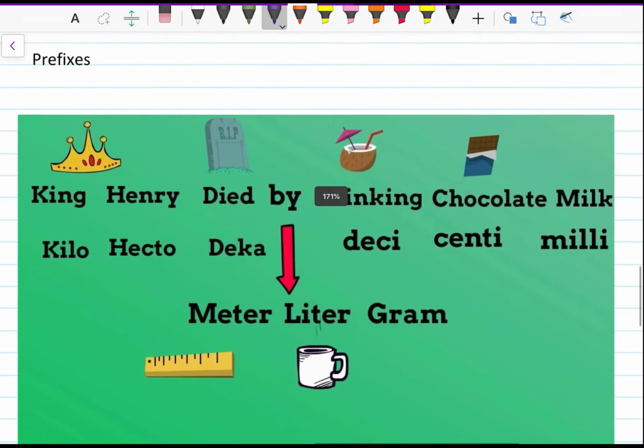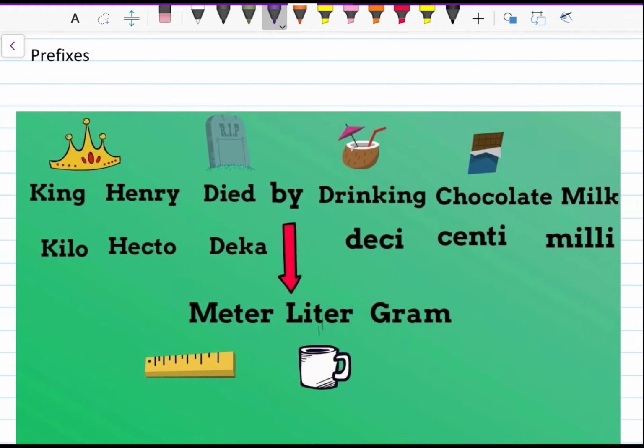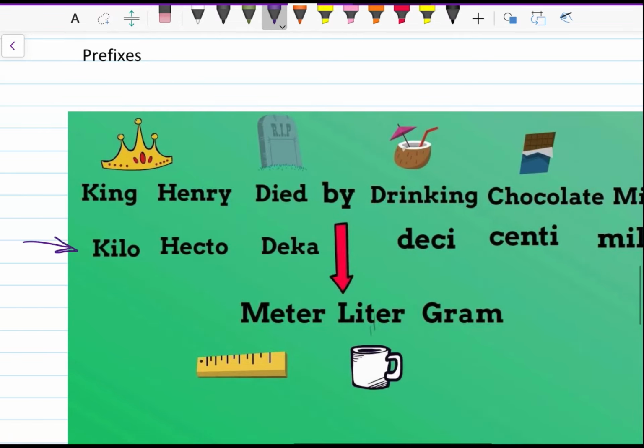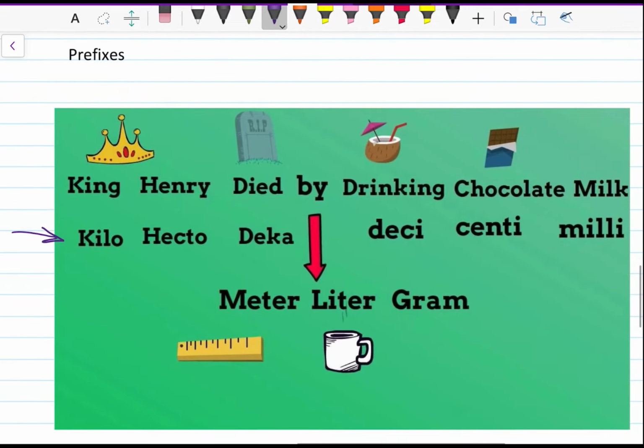The prefixes for the metric system, you're probably already familiar with some of them. Like I bet you've heard of kilometer or centimeter or something like that before. So those prefixes you're probably already familiar with. And our prefixes are right here. The way to remember the prefixes, it's King Henry died by drinking chocolate milk.